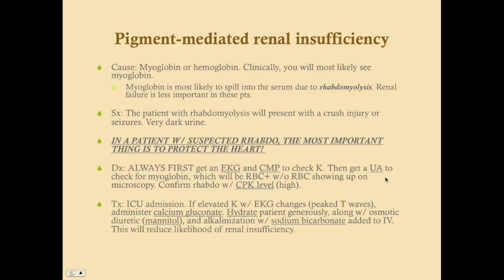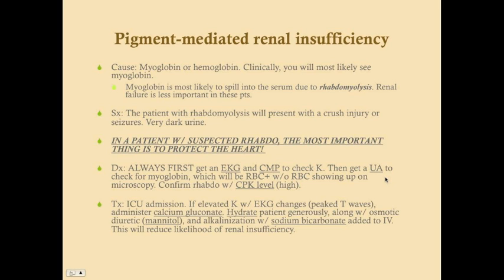So when you have a patient with rhabdomyolysis, what you have is a patient who's just had their leg run over by a car, or they've had status epilepticus, and they've had seizures, and their muscles have tensed up. And what's common in both of these is that the muscle has deteriorated. And what's inside muscle? Well, there's two things.